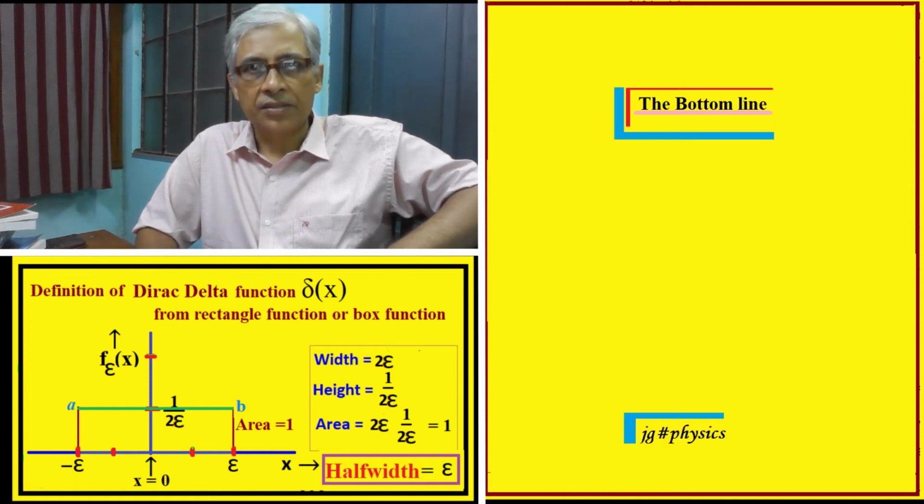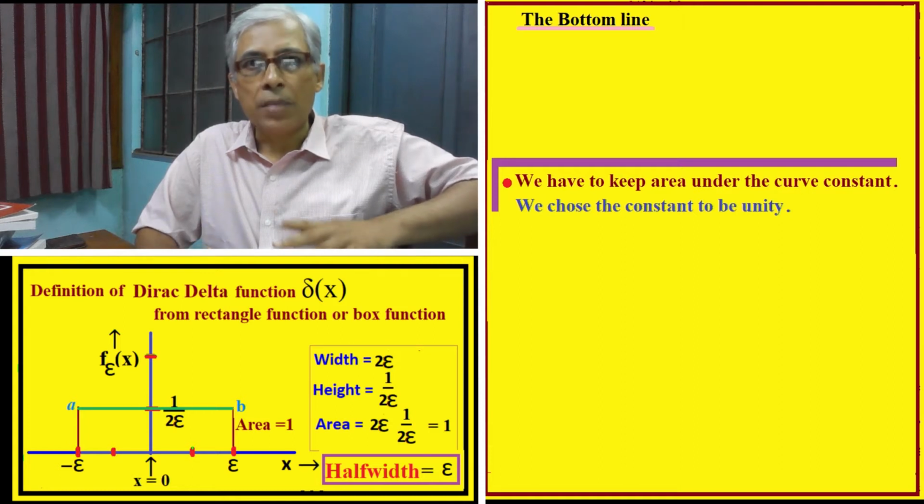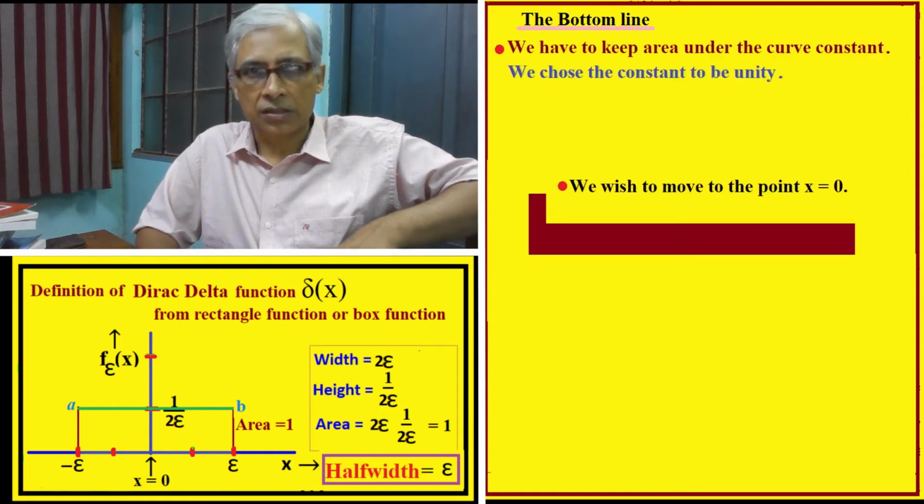Let me reiterate the main feature of the rectangle function which we would be using over and over again, and it is that the area under the curve is unity, and we would stick to it firmly, whatever be the width of the function. In other words, maintaining area under the curve unity is the bottom line, and we are determined to do that by any means.